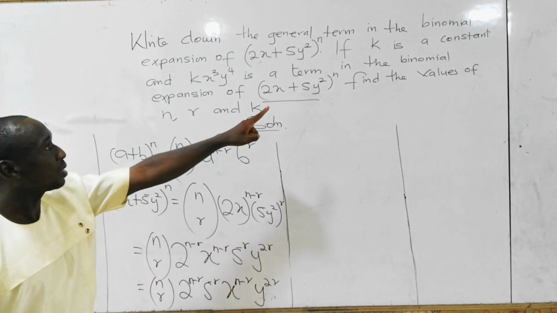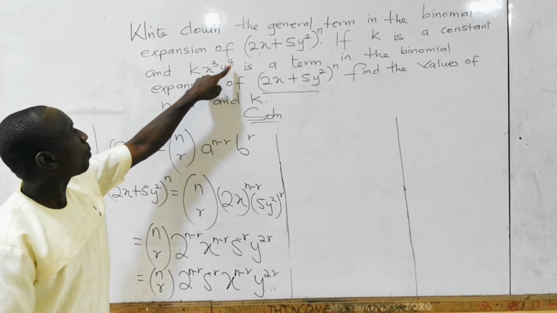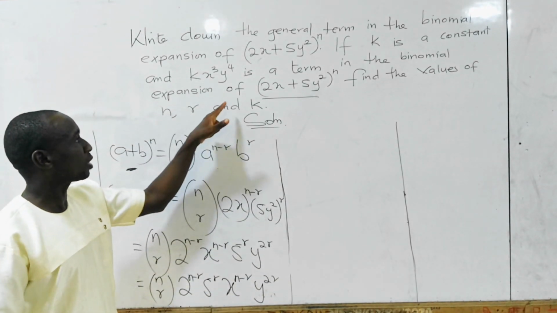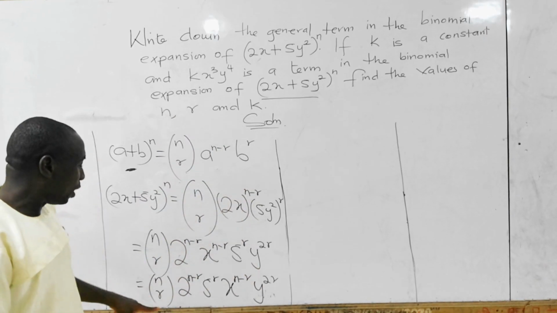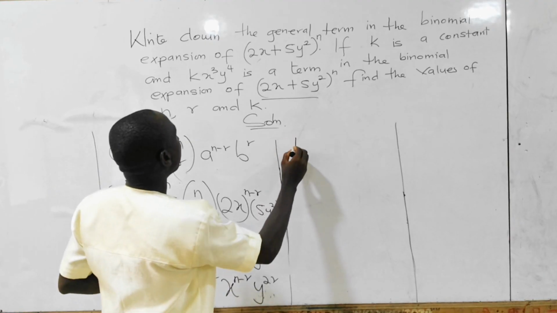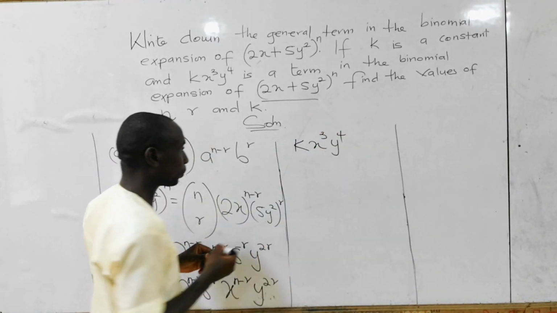But the question says if k is a constant and kx³y⁴ is a term in the binomial expansion of this, find the values of n, r, and k. So we need to compare this expression to the term kx³y⁴.